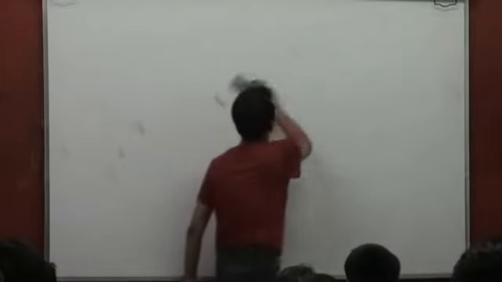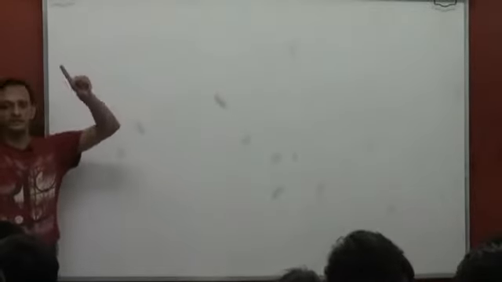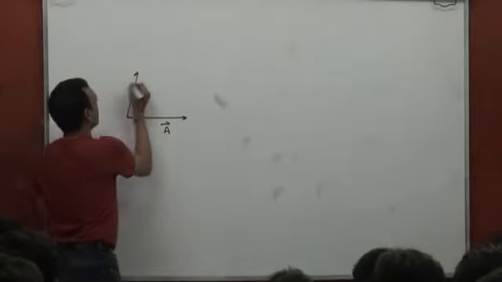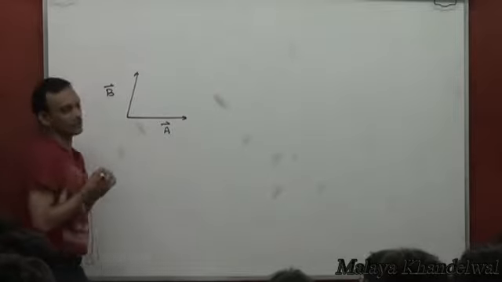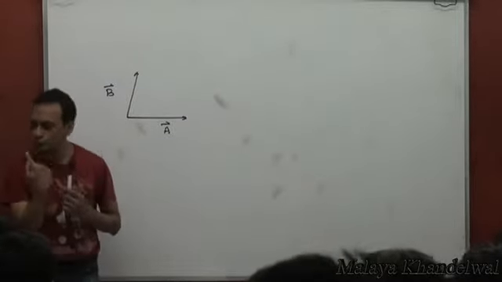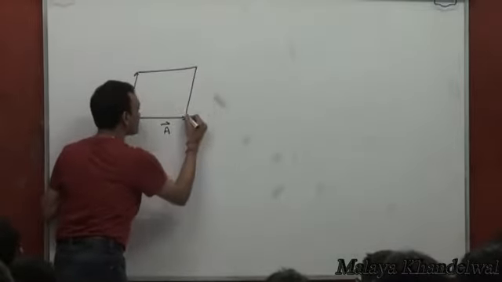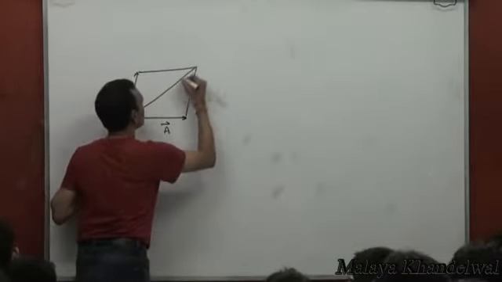Now, if you are given two vectors A and B, this is a vector A and this is a vector B. If you are given two vectors A and B, then they have a unique resultant. In this case, for example, you can find the resultant with the help of the parallelogram law of vectors.